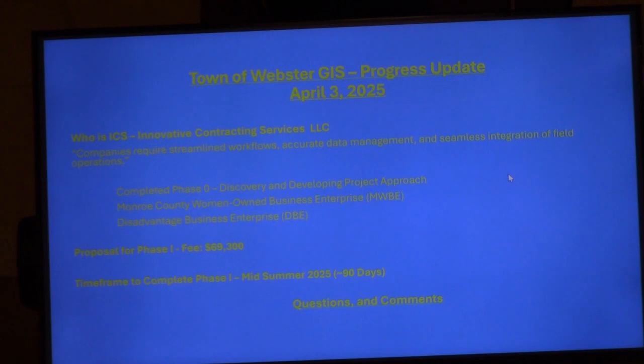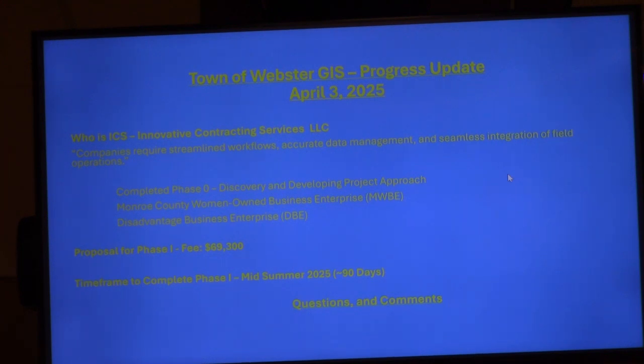What intrigued us about them is they do a lot of utility work, a lot of documentation for utilities. Avangrid is one of their big customers, and they've had to take a monumental amount of information and do exactly what we're looking for them to do for us here in the town of Webster.